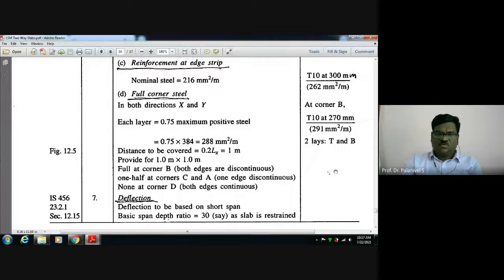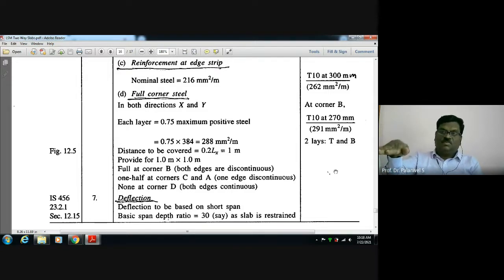You should know the theory, but in practice we will not stick too much to the theory. But keep it in mind: if the corners are held down, there are going to be torsional moments at the corners. Tension will be there at the top, and tension cracks will form at the top. I have to prevent it.